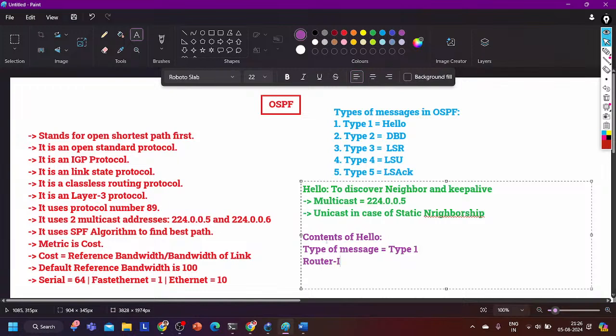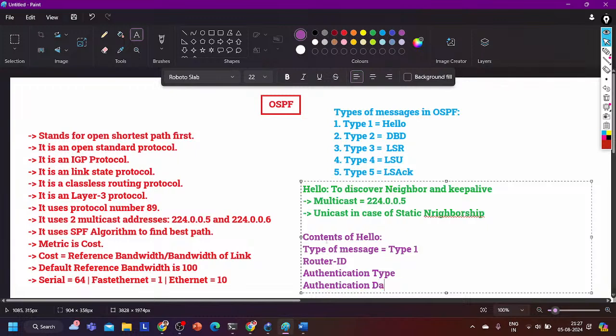Then the hello message will carry authentication information, the authentication type. We have multiple types of authentication in OSPF. Then authentication data, meaning the password.